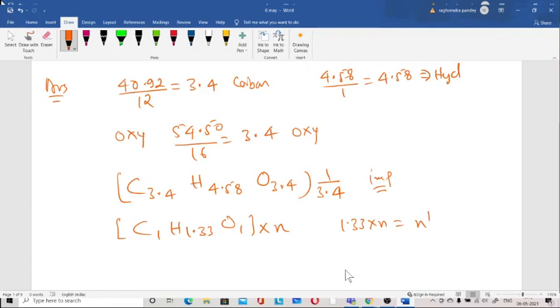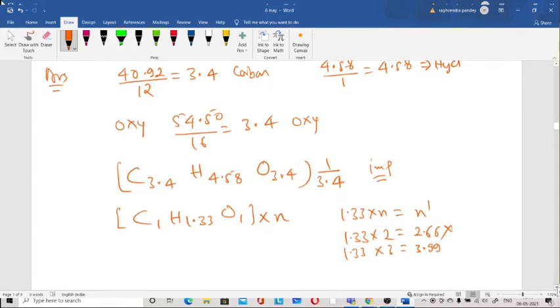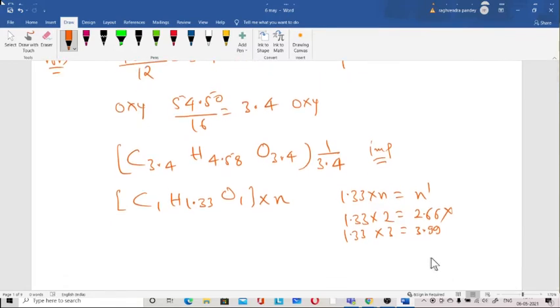Multiplying 1.33 by 2 gives 2.66, which is not valid. 1.33 into 3 gives around 3.99, which we can consider as 4.